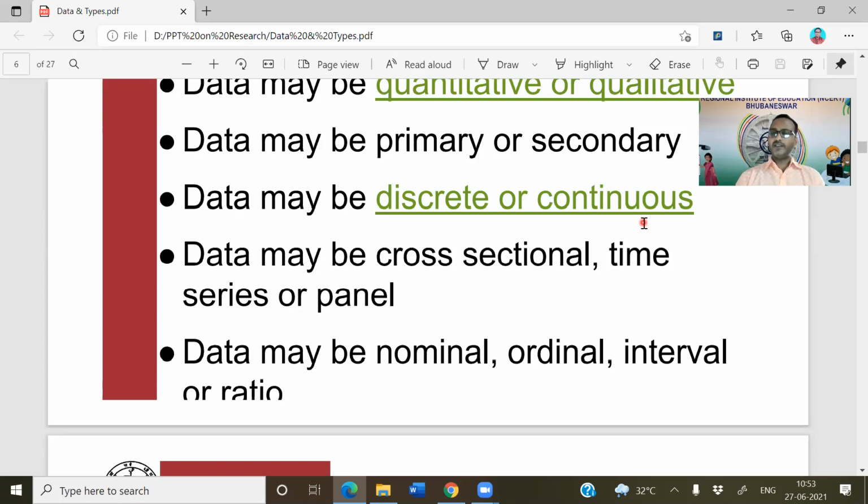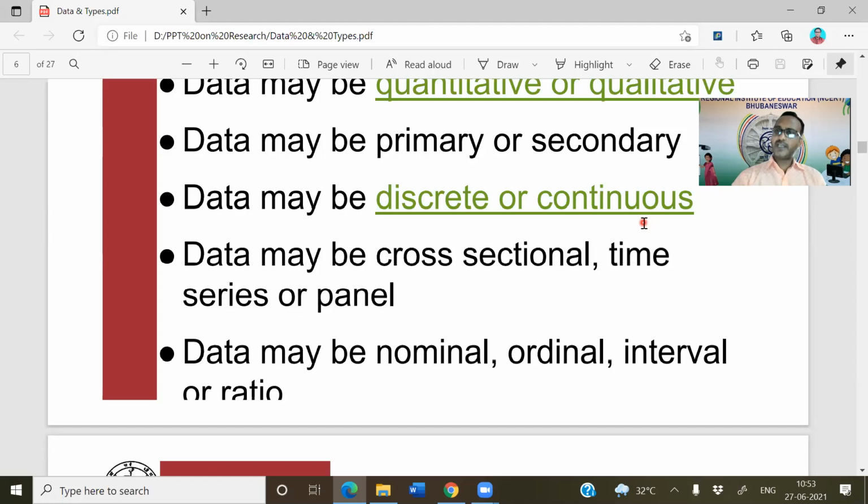On the other hand, we can have cross-sectional data. Cross-sectional data means whenever you collect data at the same time, but from different sections of the people. Same time, in 2021, you want to collect data, but you are collecting data from rural section, from urban section, from tribal section, cross section.